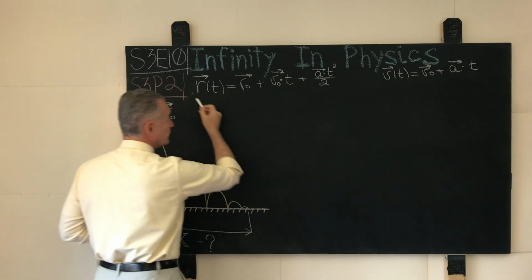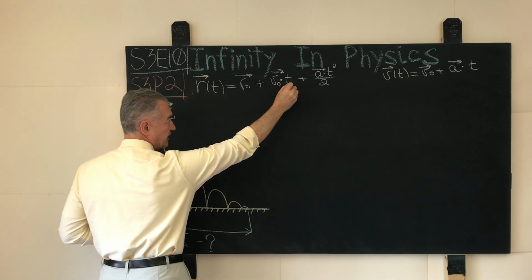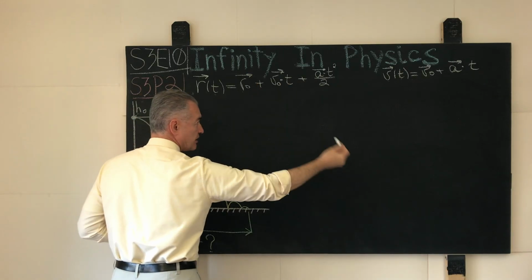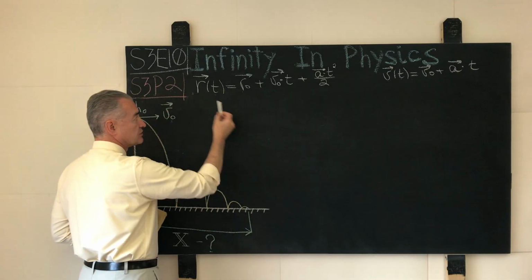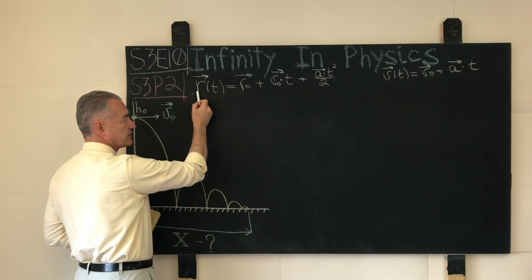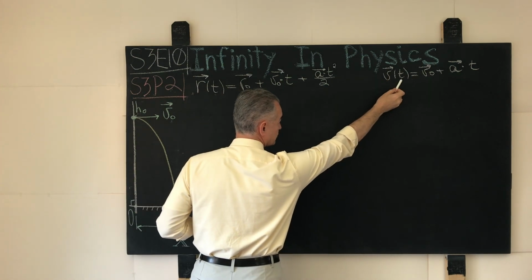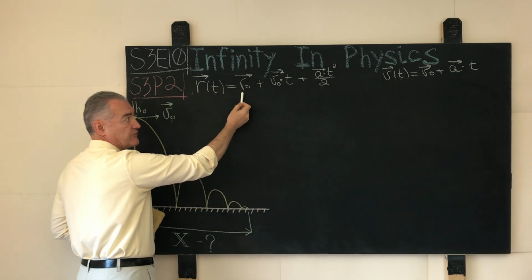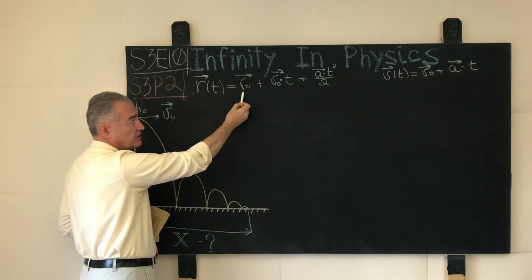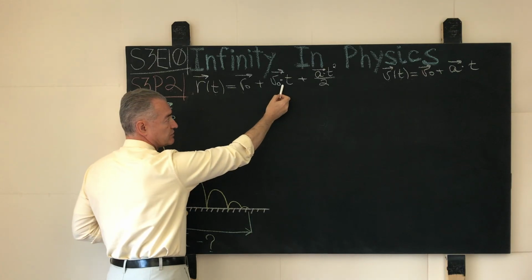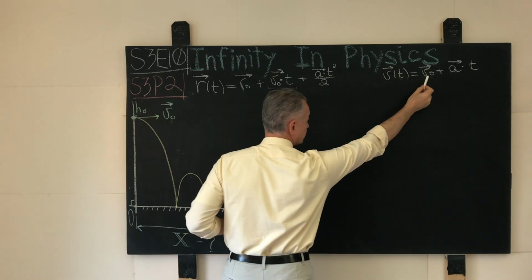divided by 2. If this function is differentiated with respect to the time t once, then precisely this equation is obtained, because the first derivative of the radius vector over time is the velocity vector as a function of time. The first derivative of a constant vector quantity is 0. The first derivative of this expression is v0. This is what you see over here.